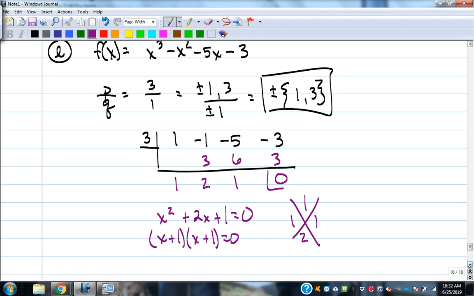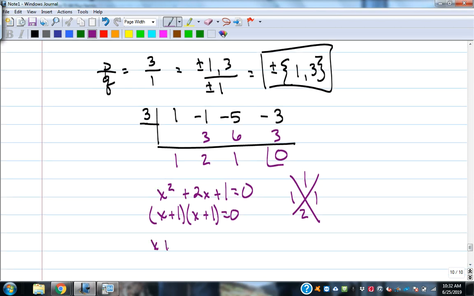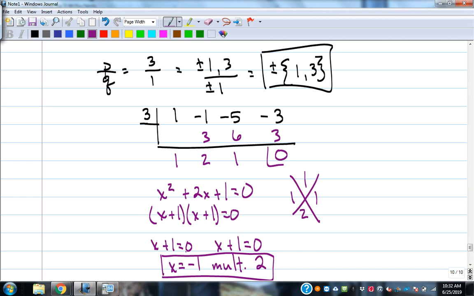Hey, this is the same one that I had earlier. When I set those equal to 0, I get x equals -1 with a multiplicity of 2 because it counts twice. And then I get x equals 3 as my third solution to that.